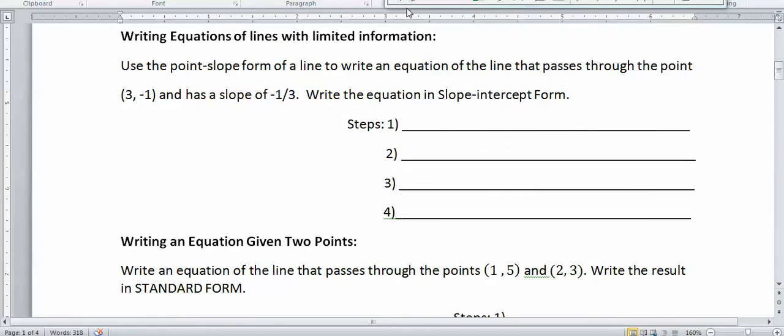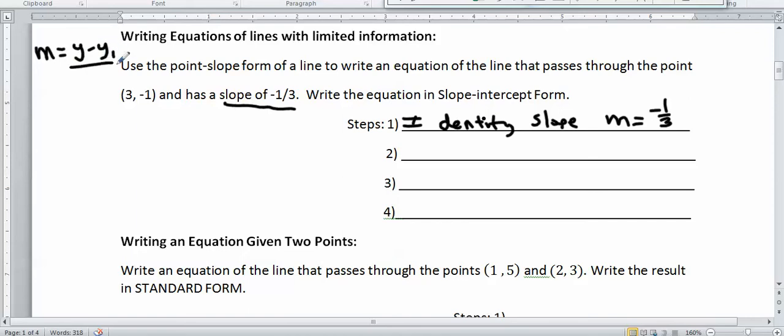Okay, so the first thing is identify slope. Our slope here is negative 1/3. So my m is equal to negative 1/3. I'm going to write my slope formula up here. m equals y minus y1 over x minus x1.